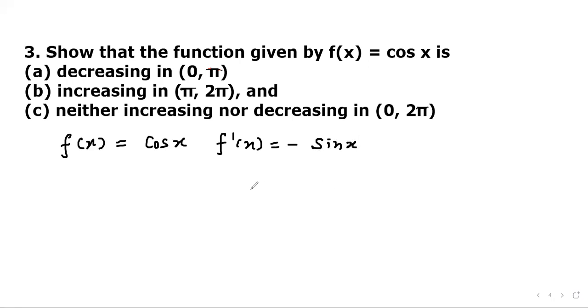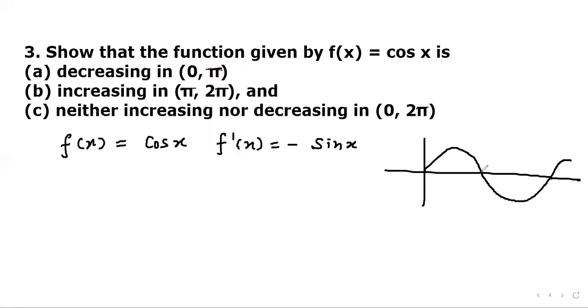Now we have to check the sign of f'(x) in these intervals. So if you remember the graph of sin x, it goes like this. So this is pi by 2. This point is pi.